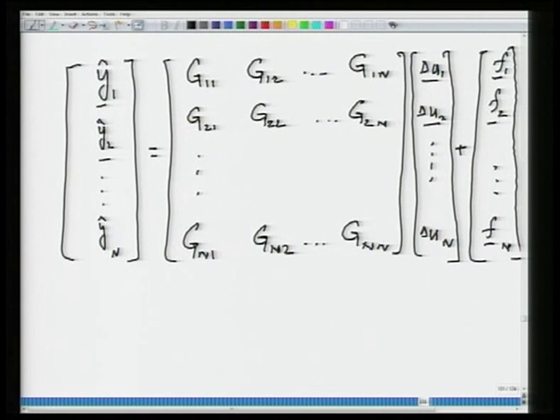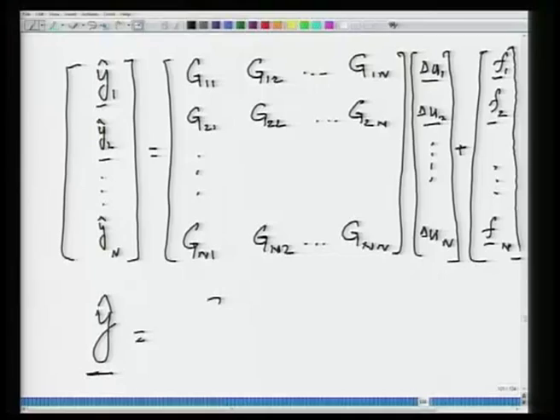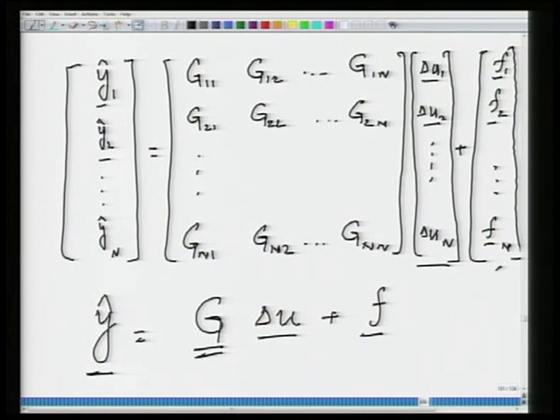For this multivariable system, I again find that if I call this vector y hat, it is equal to G, this whole big matrix, the multivariable dynamic matrix, times delta u, plus f.